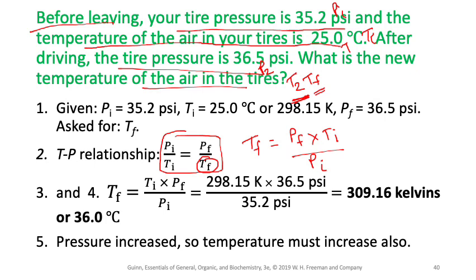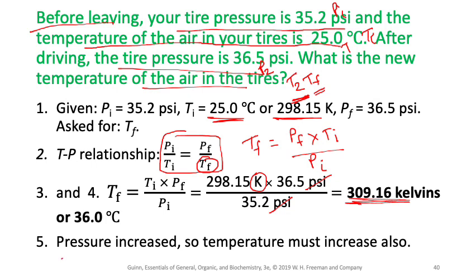But before you plug in the values, again check that your temperature has to be in Kelvin. We already talked about how to convert to Kelvin. So 25 degrees Celsius is 298.15, right? And then plug in the values. PSI will cancel out, and your final unit is Kelvin, and when you solve this, you're going to get 309.16 Kelvin.